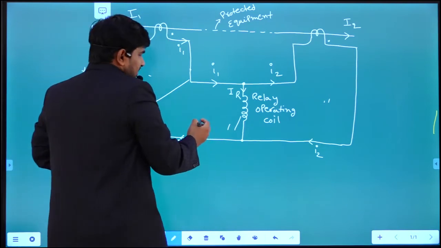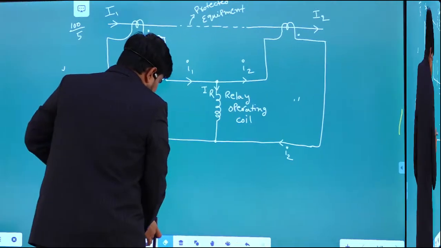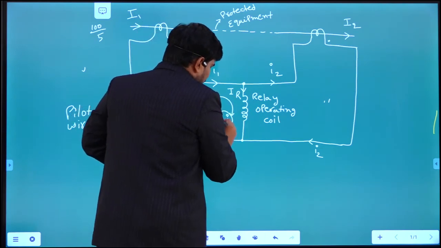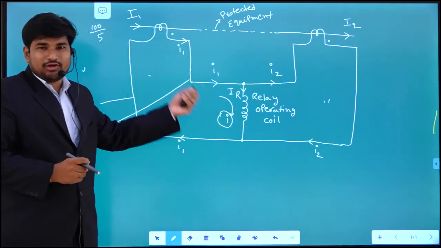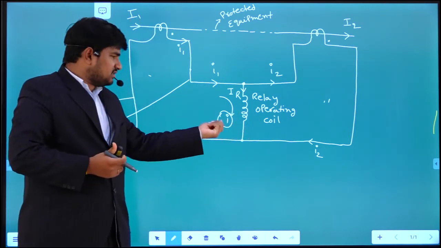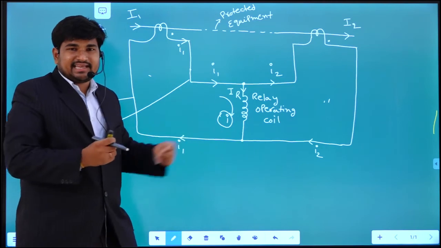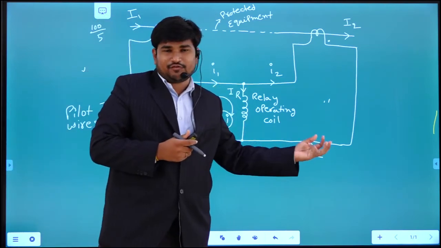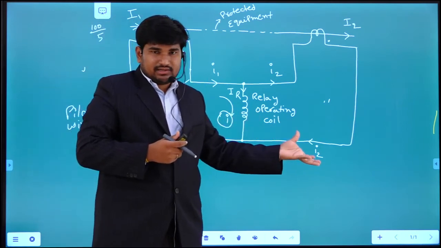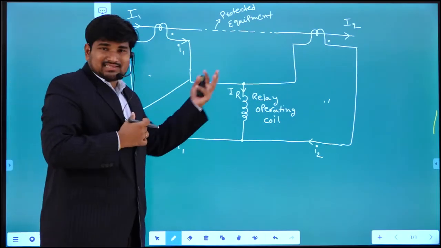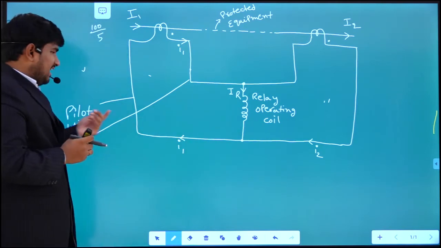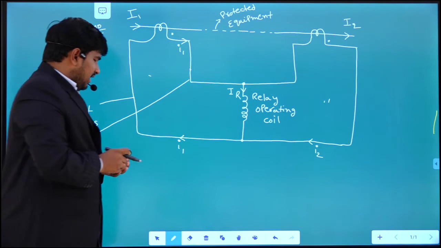Because of the circulating current, a small amount of current will flow through the operating coil. If the force due to this small circulating current is greater than the restraining force, the relay will maloperate.